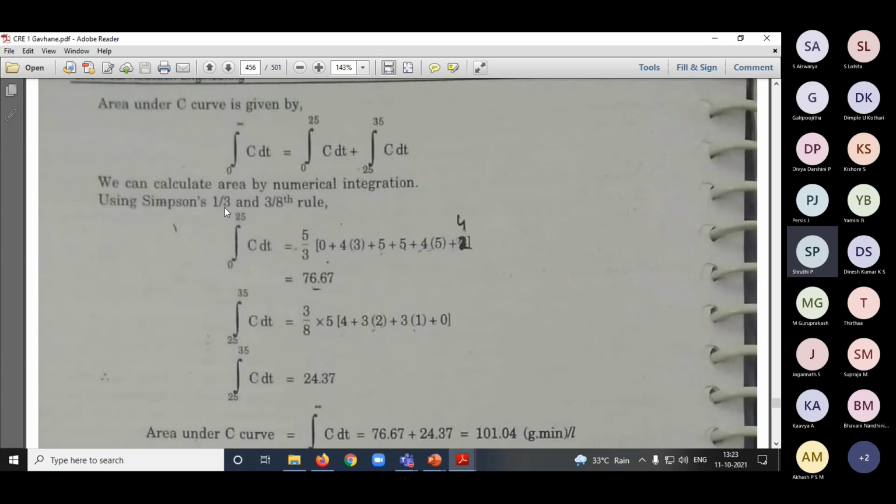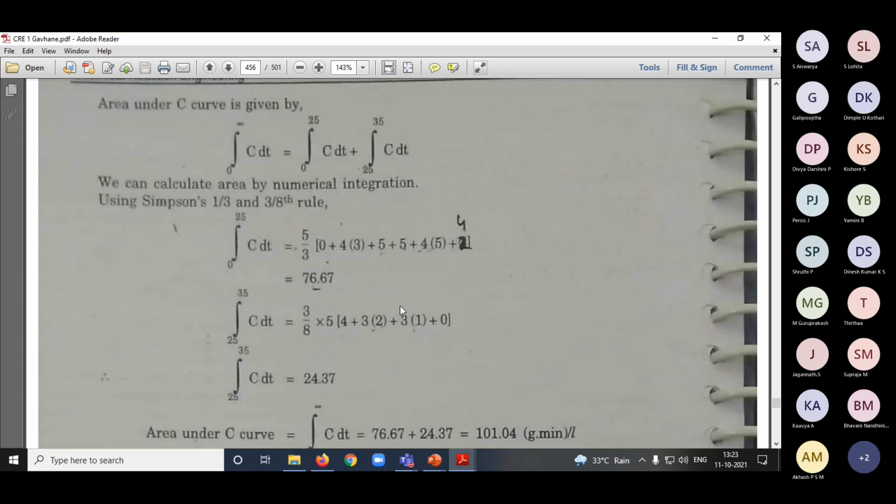Now we use Simpson's 1/3 rule. So for 0 to 25, the 1/3 rule is delta T, which is 5, divided by 3. Then multiply the first term plus 4 times the second one and so on. That is Simpson's rule you have to put. Then you got this area. Now for this area, you are again putting Simpson's 3/8 rule.